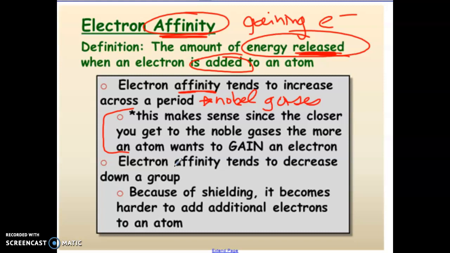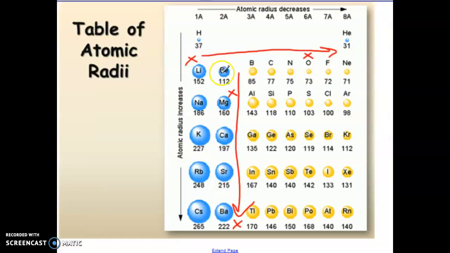You have to remember that as you go across a period, and it all goes back to this original idea, the atom is smaller and smaller, which means the nucleus is attracting the electrons more and more.